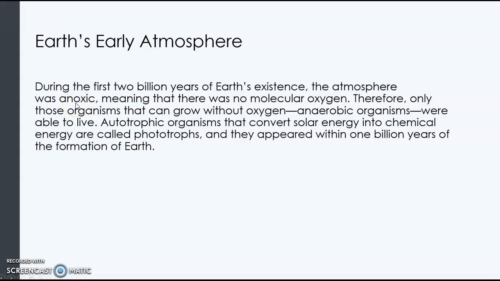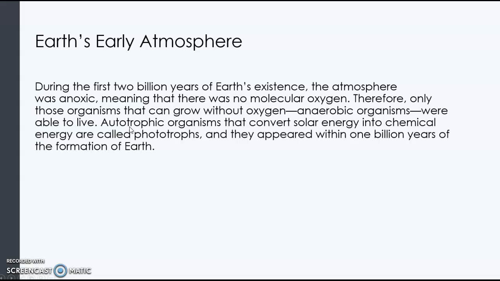So there was no molecular oxygen, or O2, which is the form of oxygen that we breathe, that most living things need to live. So only organisms that can grow without oxygen, which we call anaerobic organisms, were able to live.